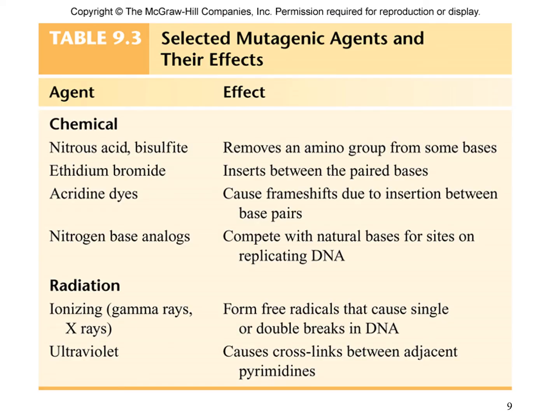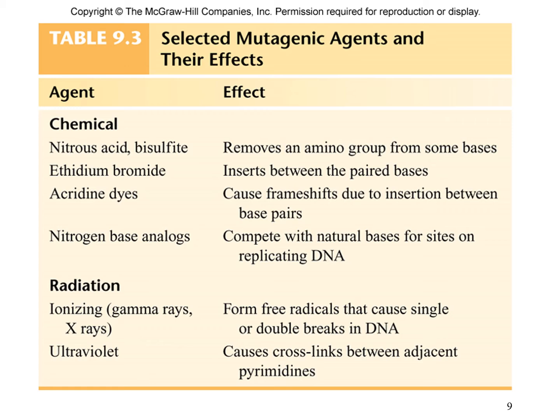These are the selected mutagenic agents and their effects. Chemical agents such as nitrous acid and bisulfite will remove an amino group from some bases, and then we have ethidium bromide, which will insert between the paired bases.